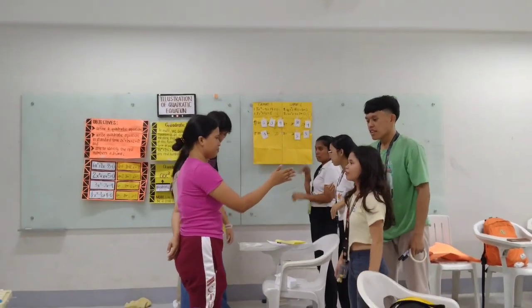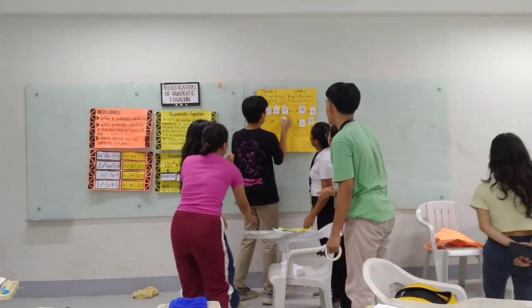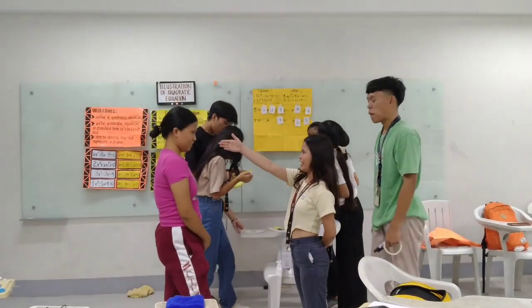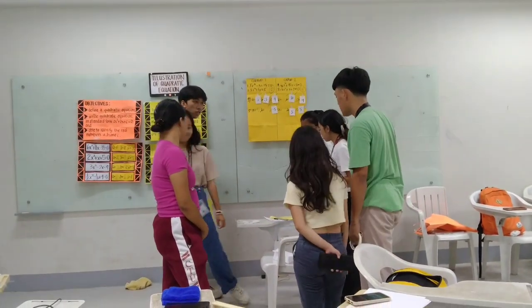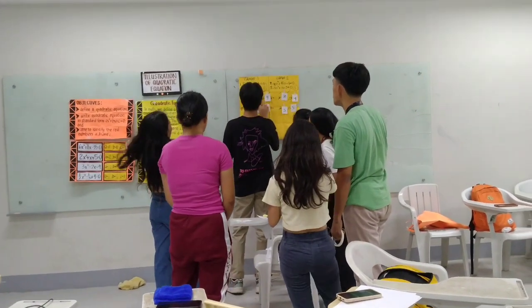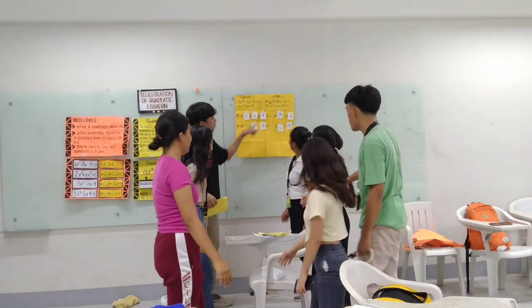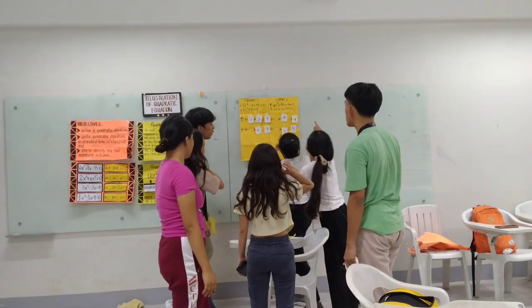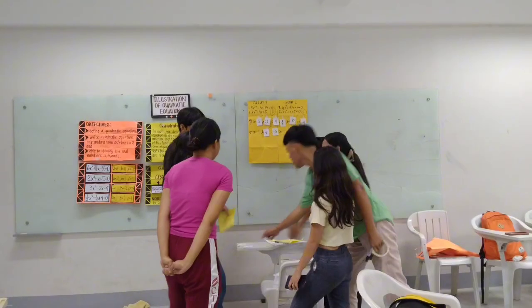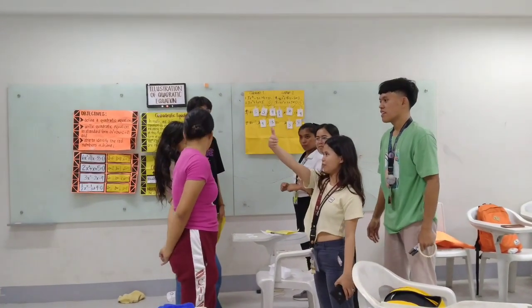So next, jump. 5, 4, 3, 2, 1. Okay, next. Okay, go. 5, 4, 3, 2, 1. Good. Now we have only 2 left. Let's play this. Okay, go.